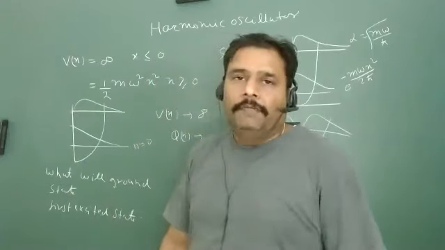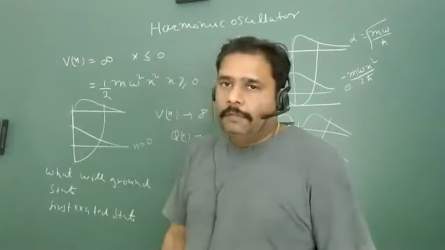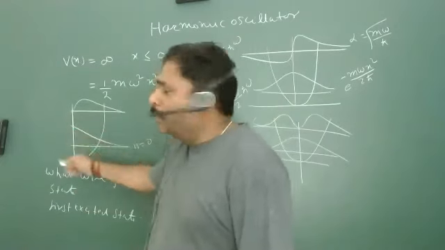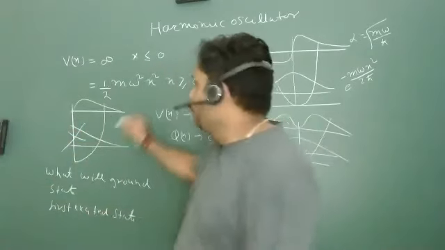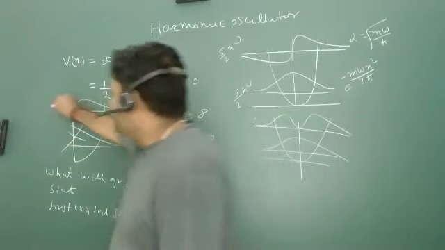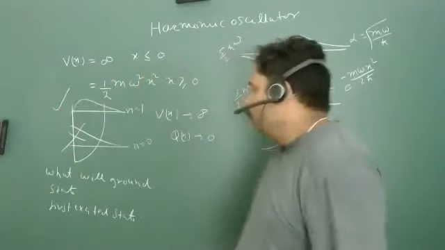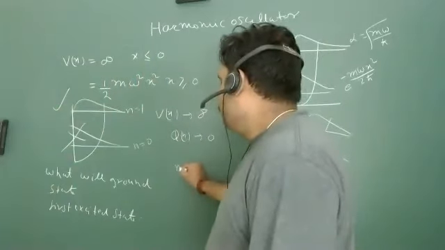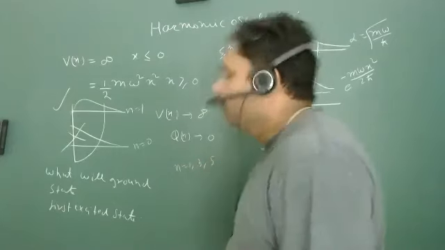What is the meaning of continuous? At x equal to 0, my wave function must be 0. So this is not continuous. Hence it is mathematically accepted, but not physically accepted. But n equal to 1 is accepted because the wave function is 0 here. So the allowed quantum numbers in this potential are n equal to 1, 3, 5, and so on.